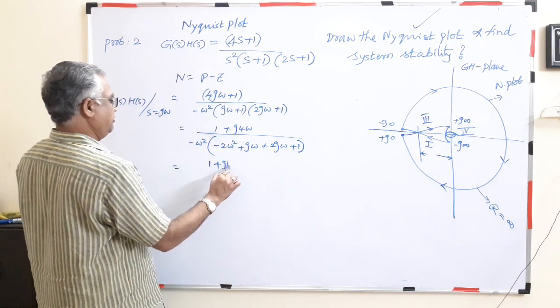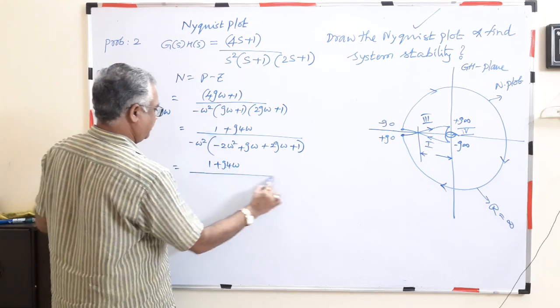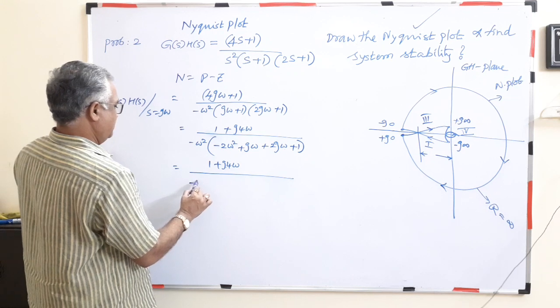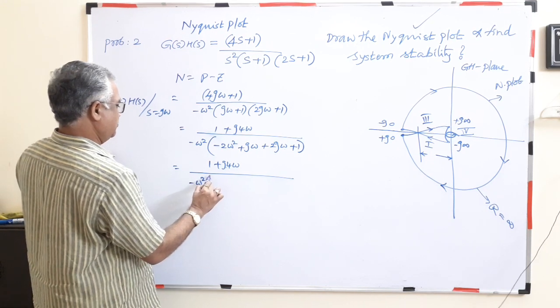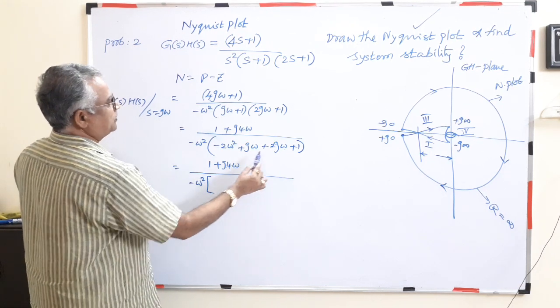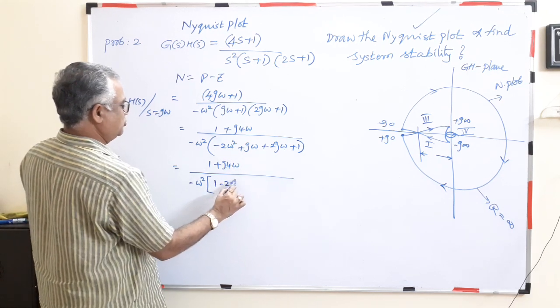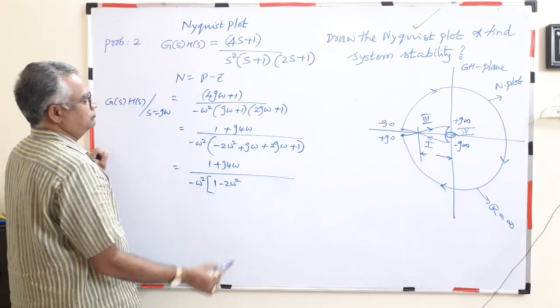So 1 plus j4 omega by minus omega square times... What is the real part here? 1 minus 2 omega square.